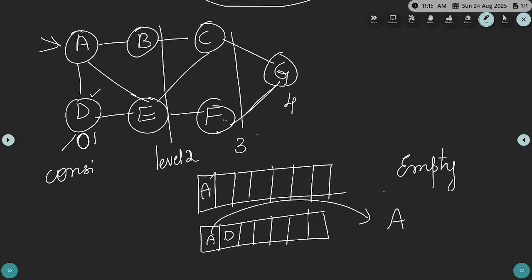Come first. What happened? What are you all doing? Give that book here. Where is the problem that you are doing? You are just checking the problem.